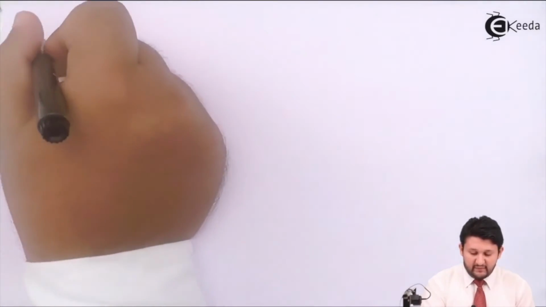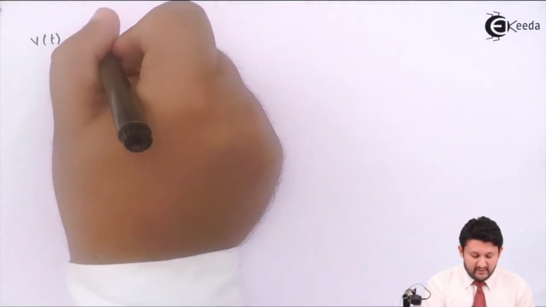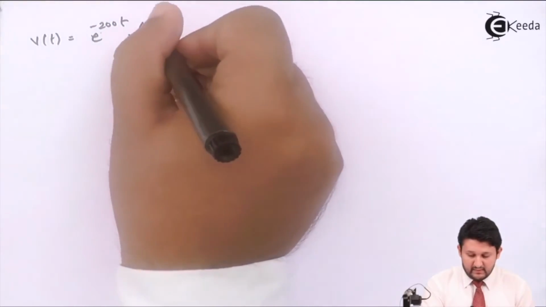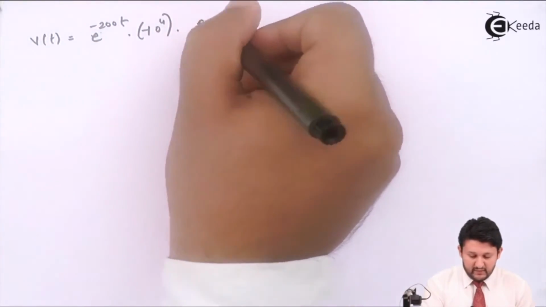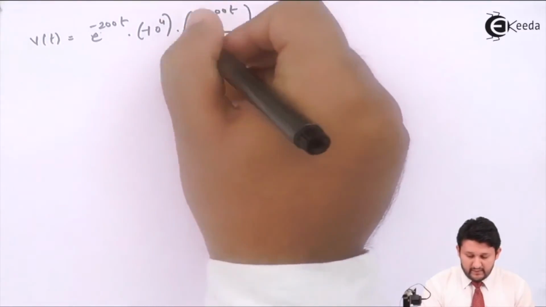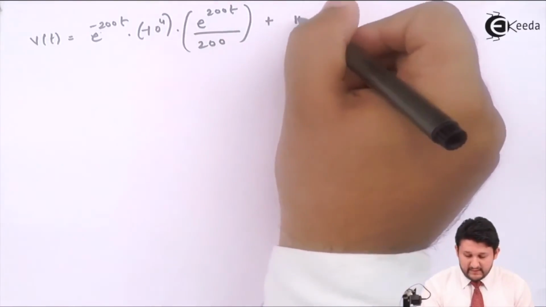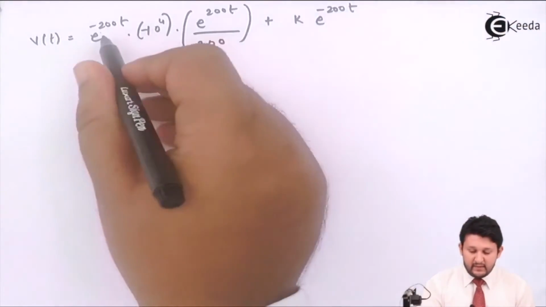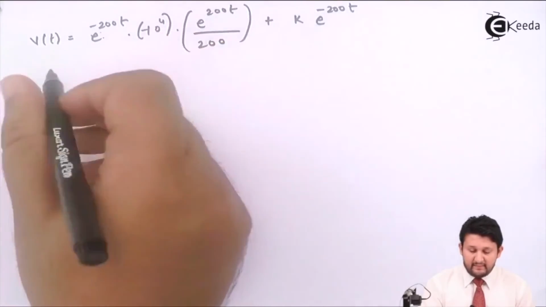So the equation of v of t, my dear friends, in this case you get e raised to minus 200t, with the constant minus 10 raised to 4 as it is, upon 200, plus k e raised to minus 200t. The base is the same, so add the powers.